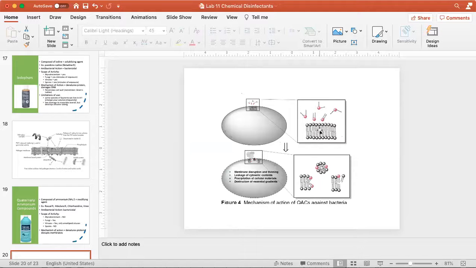So when ammonium interacts with membrane, it pulls the phospholipids apart from one another and causes them to form these smaller structures. So it breaks the membrane down, and the cell can't survive without its membrane.